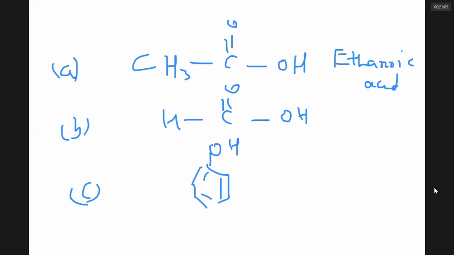The name of this is formic acid or methanoic acid. The name of this is phenol. Now, in these three, which is more acidic?